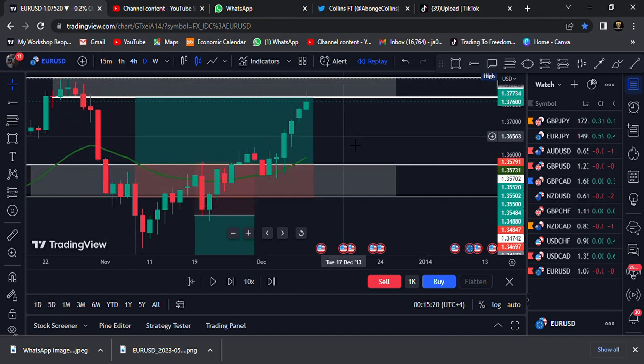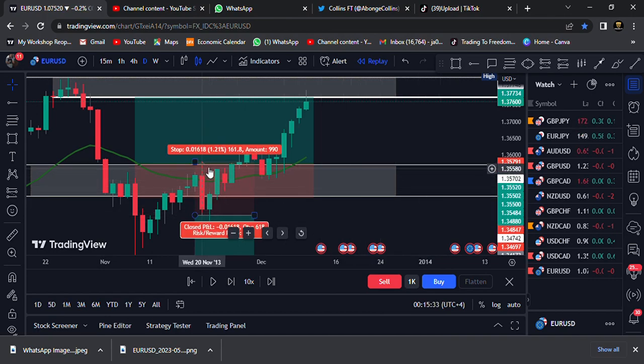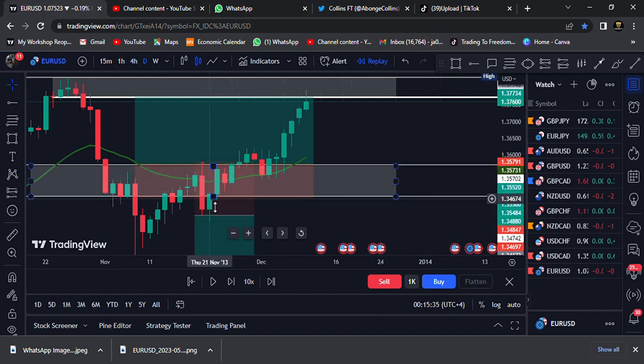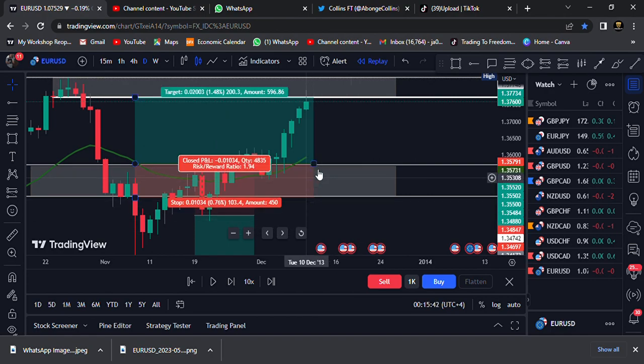Even if you are practicing on the daily time frame, guys, make sure you enter at the 50 minute time frame, because it will reduce your stop loss a lot. That's a big deal, because even having this one, we could have waited in the 50 minute time frame and looked for a perfect entry. So let's say it is what it is.